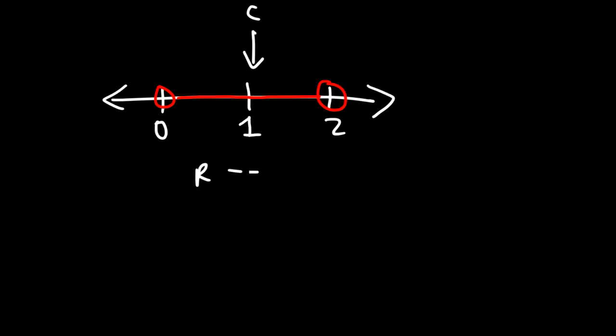So plotting it on a number line, we have 1 at the center and 0 and 2 at the ends. And keep in mind, 0 and 2 are not going to be included for a geometric power series. It converges between 0 and 2, but at 0 and 2, the series diverges. So this is our c value, and this is r.